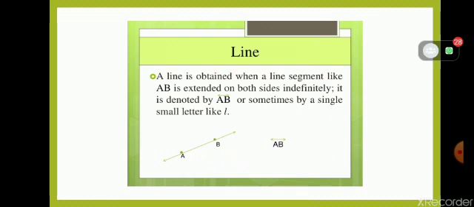A line is obtained when a line segment like AB is extended on both sides. It is denoted by AB or sometimes by a single small letter like L.